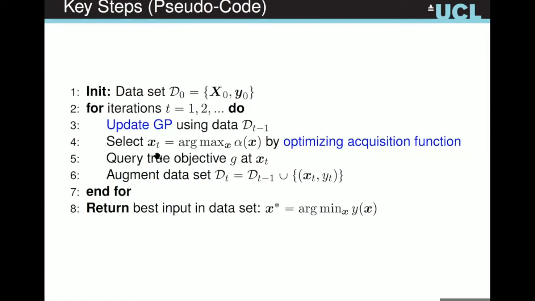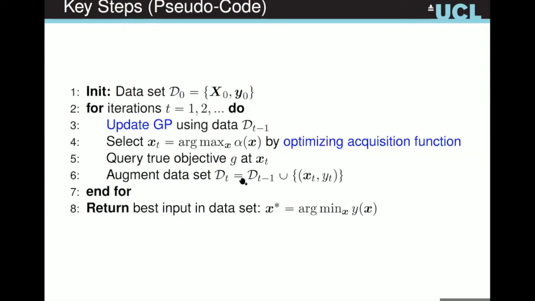Then we select the next parameters xt by optimizing this acquisition function. We evaluate our true objective, now g, at this corresponding point. And then we augment our data set by xt and the noisy observation of g of xt. So yt could be g of xt plus epsilon, for example.